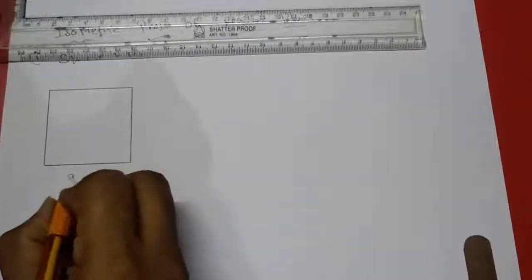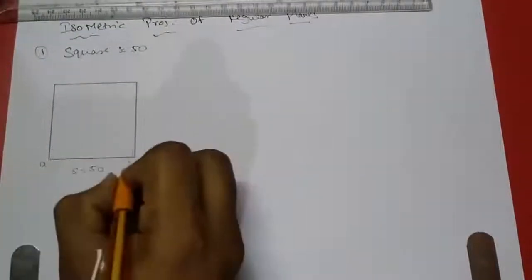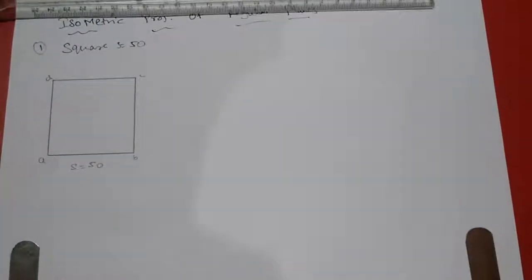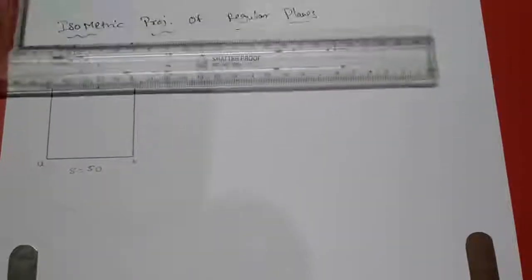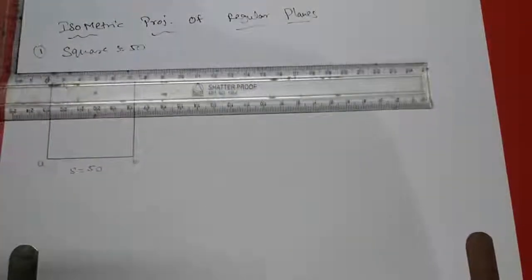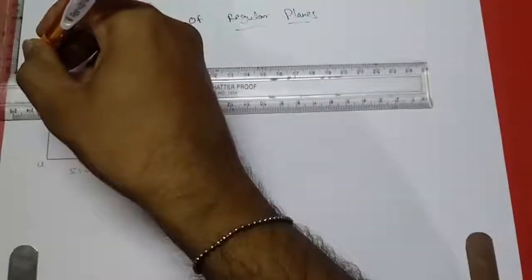Right, this is a normal square of side 50 and A, B, C, D. I can consider this as a top view or front view. If I consider this as a top view, then the front view should be like this.